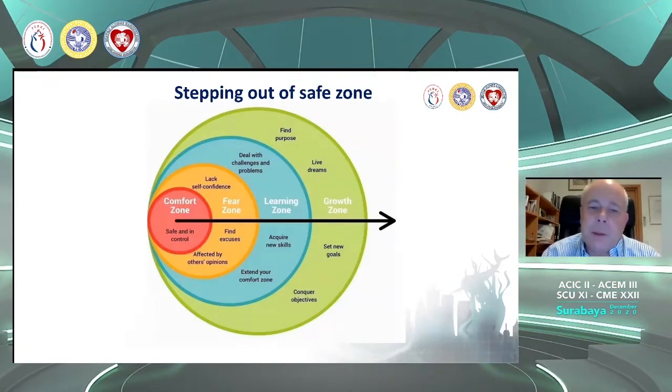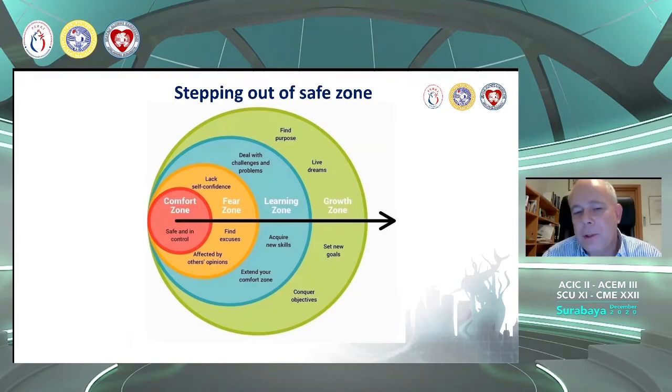So in developing your complex skills, you generally start within your comfort zone when you're beginning your career as an interventional cardiologist. Then you have the possibility of entering the fear zone. That's where you find excuses or rationalize why you don't want to do something.